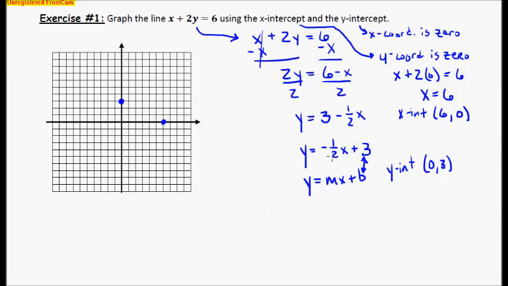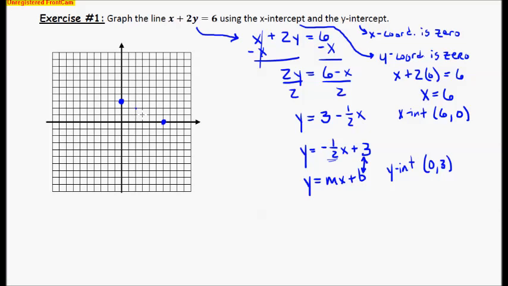If you go back over to this equation, y equals mx plus b, there is my slope. So this negative I'm going to attach to the 1 up here in the numerator. That means I go down 1 and to the right 2. So I'm going to start at this point over here, go down 1 and to the right 2, and put a little dot.